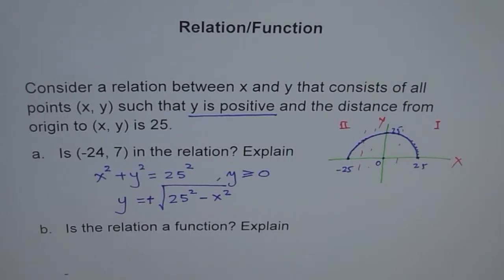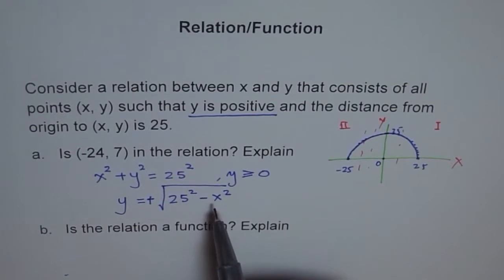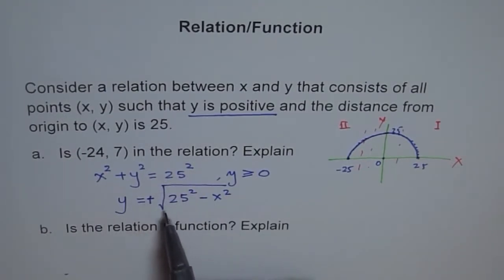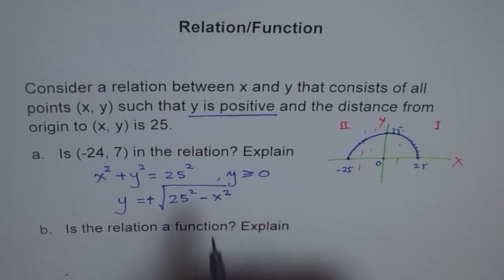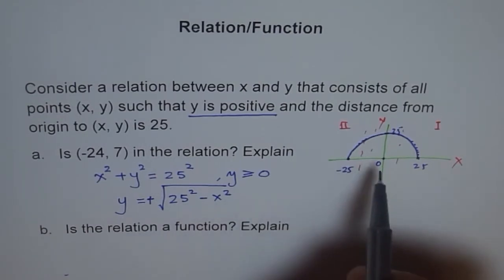So 25 squared minus x squared under the square root will give me this kind of an answer, and this will precisely give me the equation of this, correct?